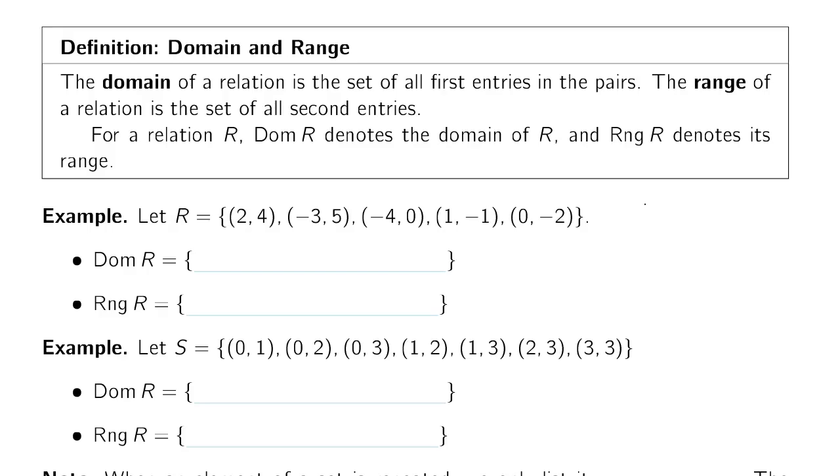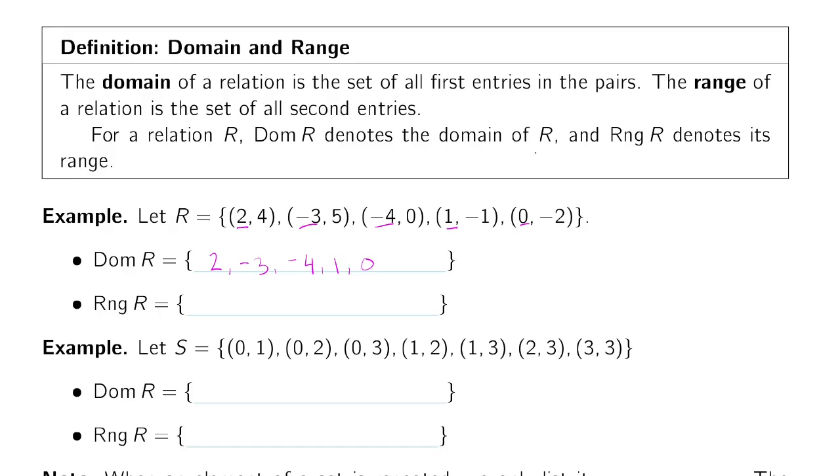So for this relation R again, its domain consists of all of these first entries. So we have a 2, a -3, a -4, a 1, and a 0.